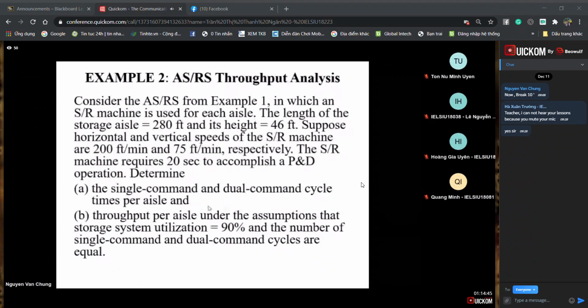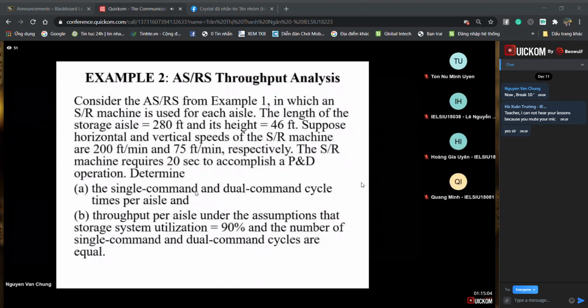You have to determine the cycle time of single command and of combined command.